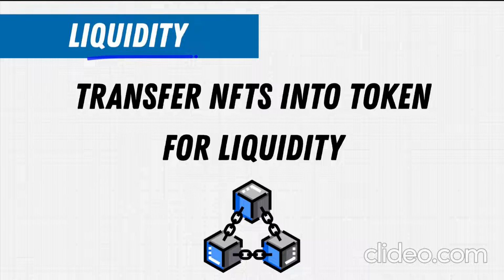Then we have liquidity: transfer NFTs into tokens for liquidity. Just like I talked about, tradability is swapping one NFT for another NFT of rather equal value, which is just the concept of trading. Liquidity is the same, but trading it into liquidity, which could be another token.